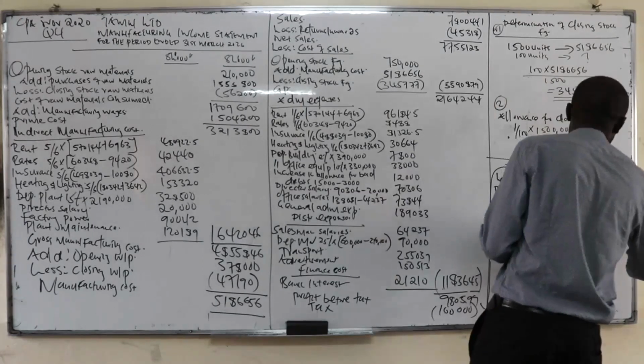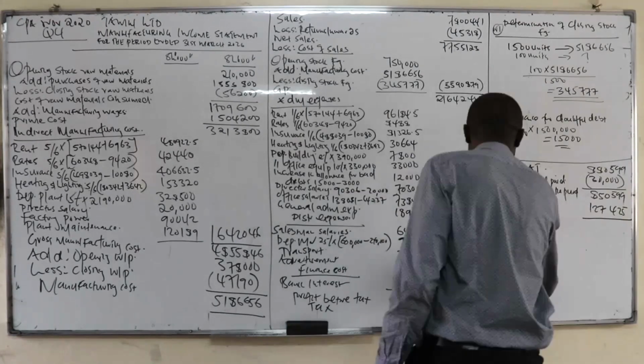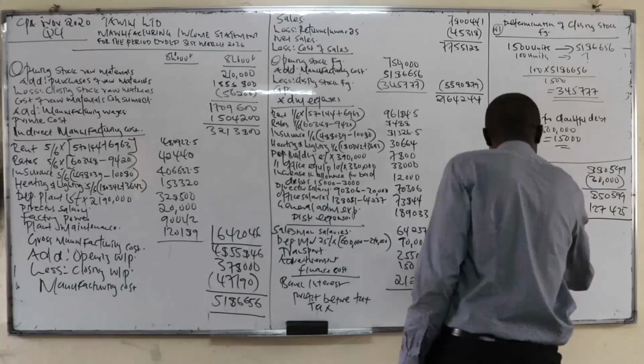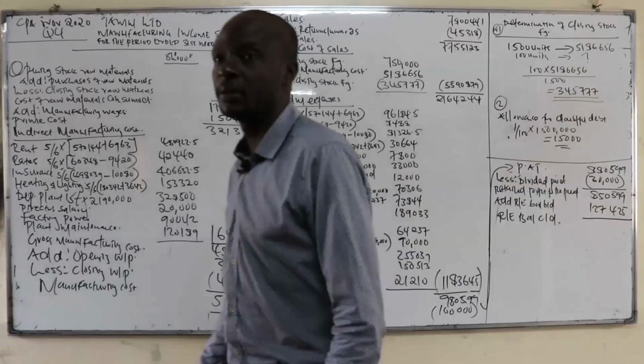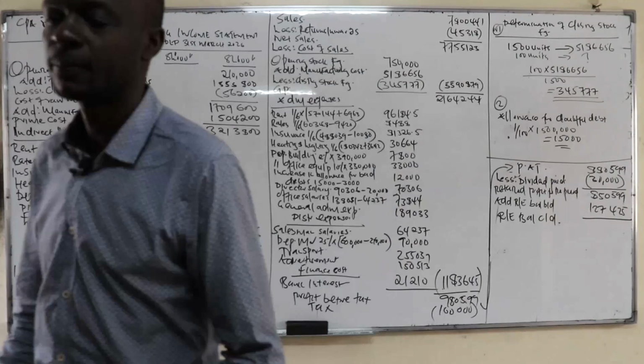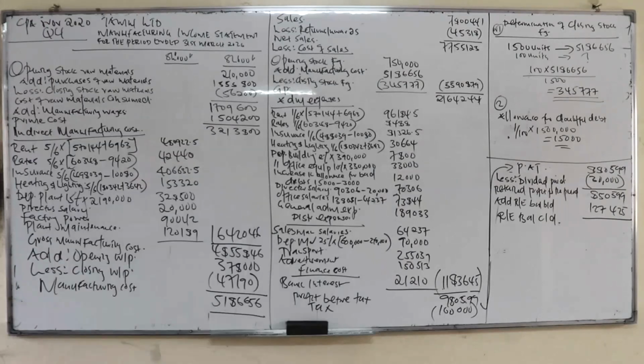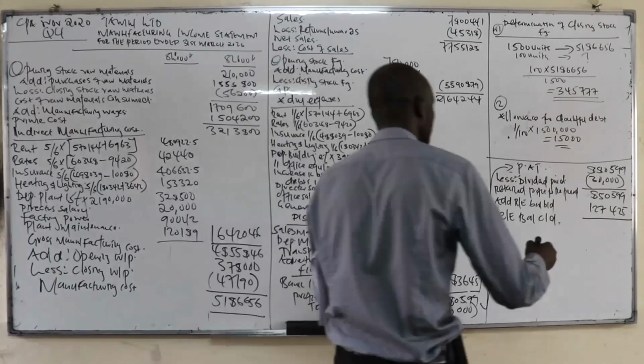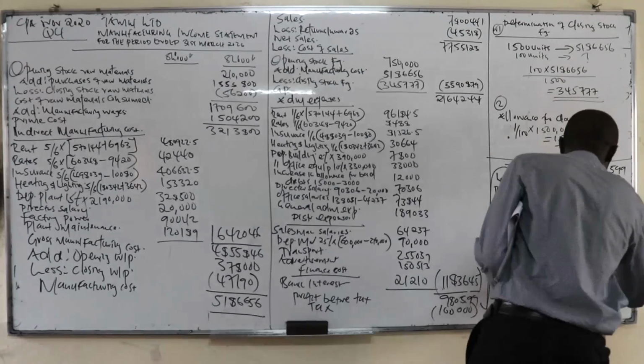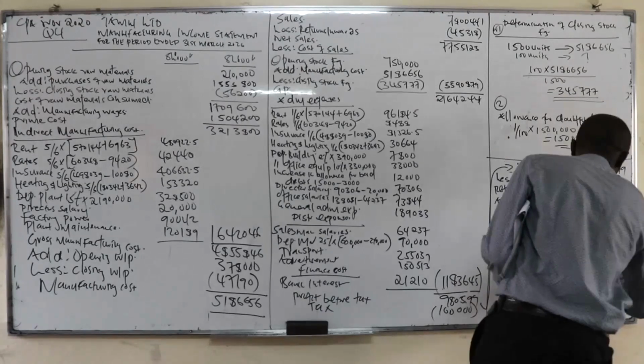So you get the retained earnings balance carried down. Can you add that one? Retained earnings balance carried down. How much? 978. 978.0. So that one will bring us to the end of that question.